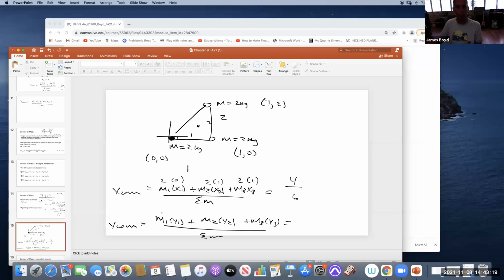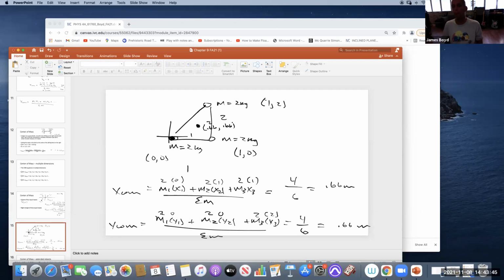What about this one? 2 times 0, 2 times 0, and 2 times 2, which is 4, over 6, or 0.66 meters and 0.66 meters, which means this thing is at 0.66 and 0.66, strangely enough.